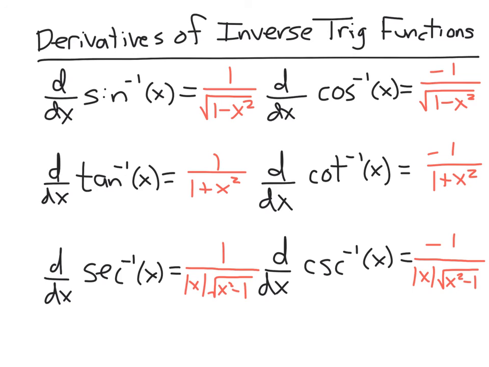Notice that each of the functions of arcsine, arctangent, and arcsecant are positive. They have these positive ones on the top. And each of the co-functions have a negative one on the top. It's actually the only difference between the two values. So that's interesting to consider.